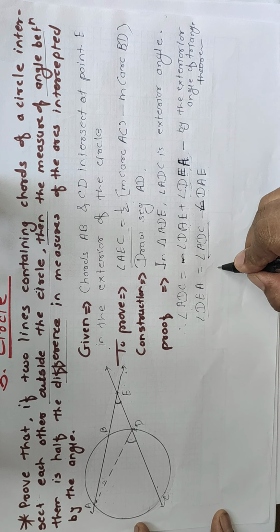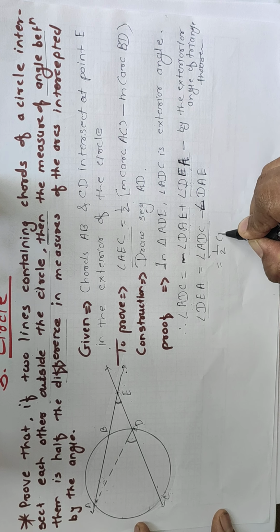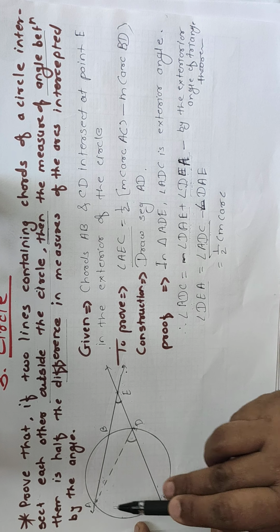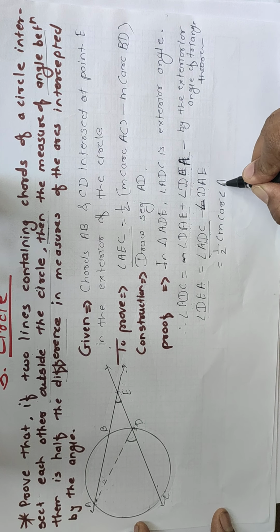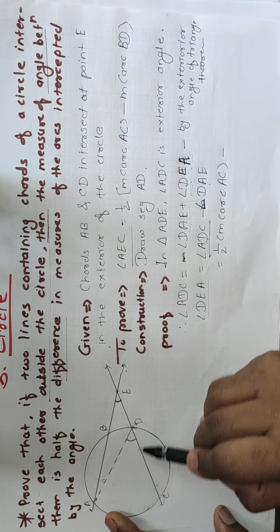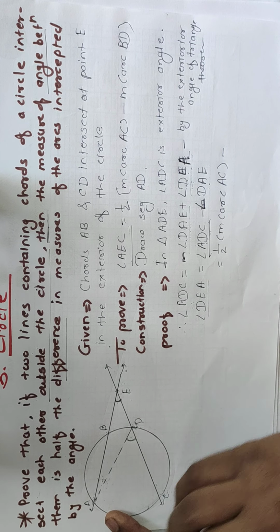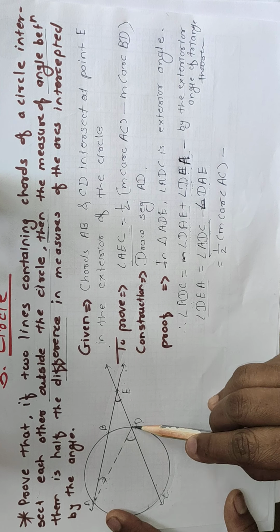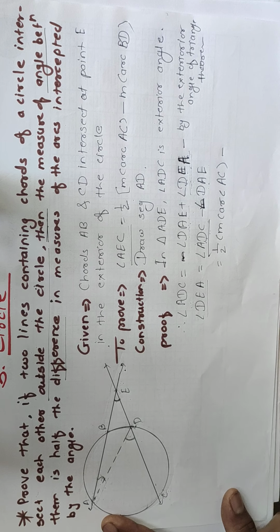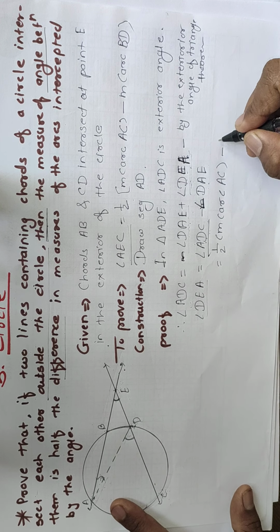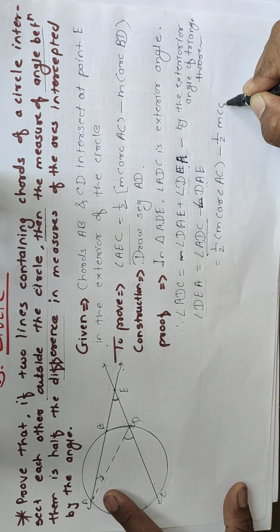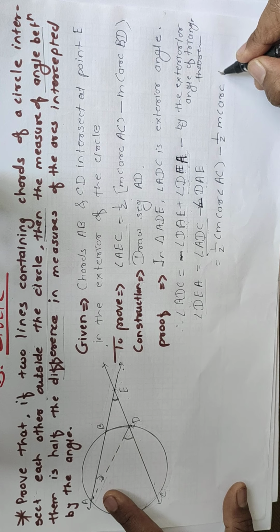So write 1/2 into bracket the measure of arc AC, since angle ADC inscribes arc AC. Minus angle DAE. This angle DAE inscribes which arc? BD. So angle DAE is equal to 1/2 the measure of arc BD.